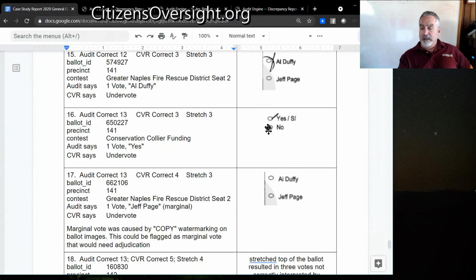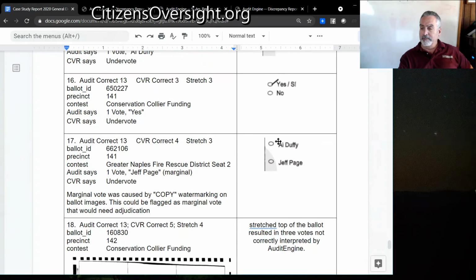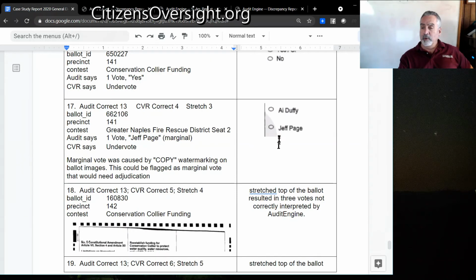Here's where they just barely made it in there and made this kind of weird mark here. That we got right. Now here's one where the copy watermark on the ballot images actually led us astray, and we said this was a vote when it wasn't, and so we got this one wrong, but we did say that it was marginal.